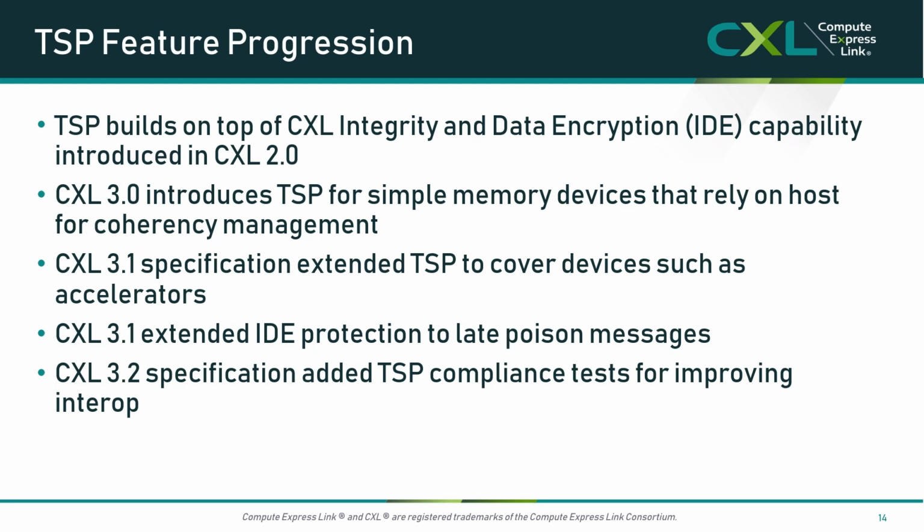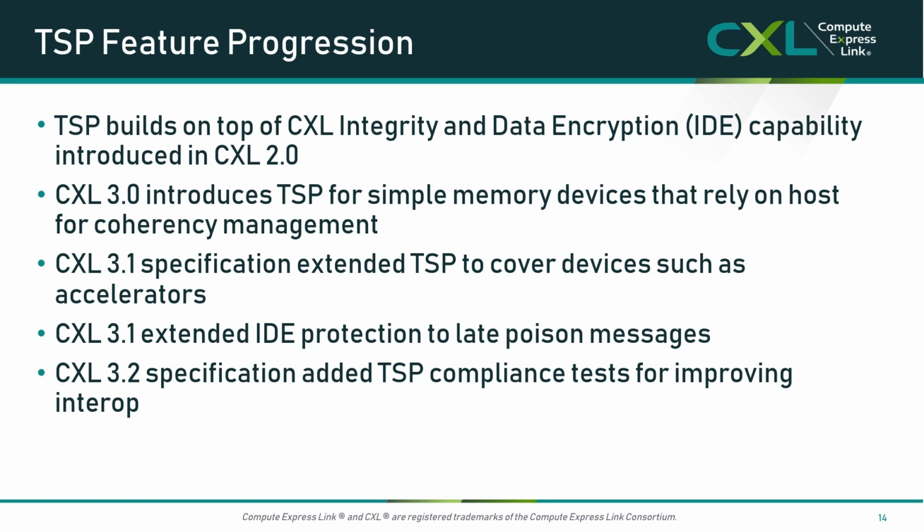And in 3.2, importantly, all of these things are not really useful unless there's a conformant compliance test that ensures interoperability. The specs can be complex, and we'll get into compliance a little bit later, but it's a key part of the CXL specification to have a good quality compliance test. So in 3.2, we introduced the compliance test for TSP.